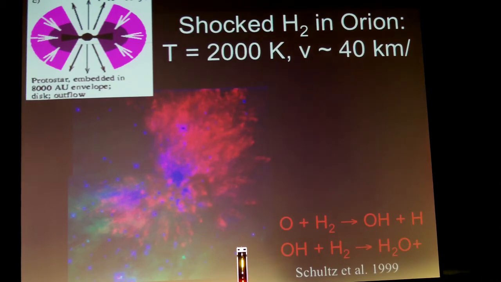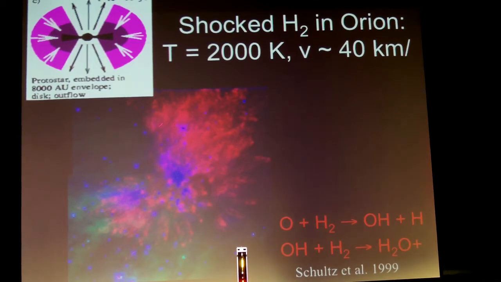In this particular case, the material is coming out at about 40 kilometers per second, which in these clouds is about Mach 40. So this is highly supersonic material, and when it crashes into its surroundings, the kinetic energy gets converted into thermal energy. And that thermal energy is then radiated away by the hydrogen molecules.